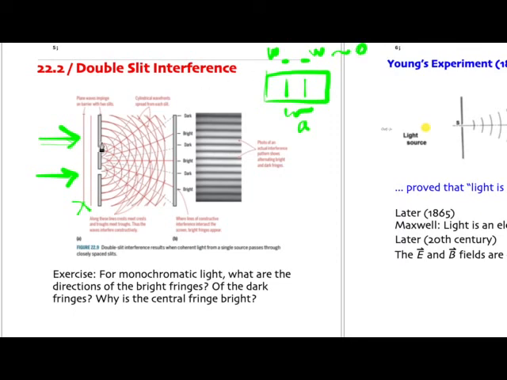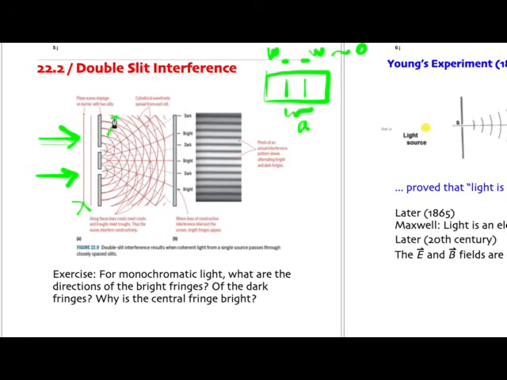Now coming out of this slit, we'll have a set of cylindrical wavefronts. Each one acts like a little filament of light, a thin source of light. Well, the light comes out in all directions to the right, making cylindrically shaped wavefronts.